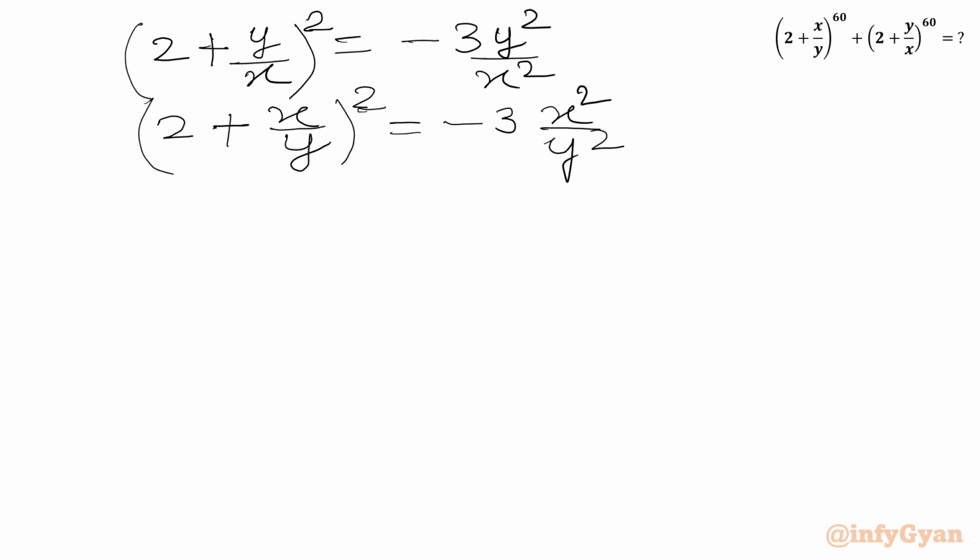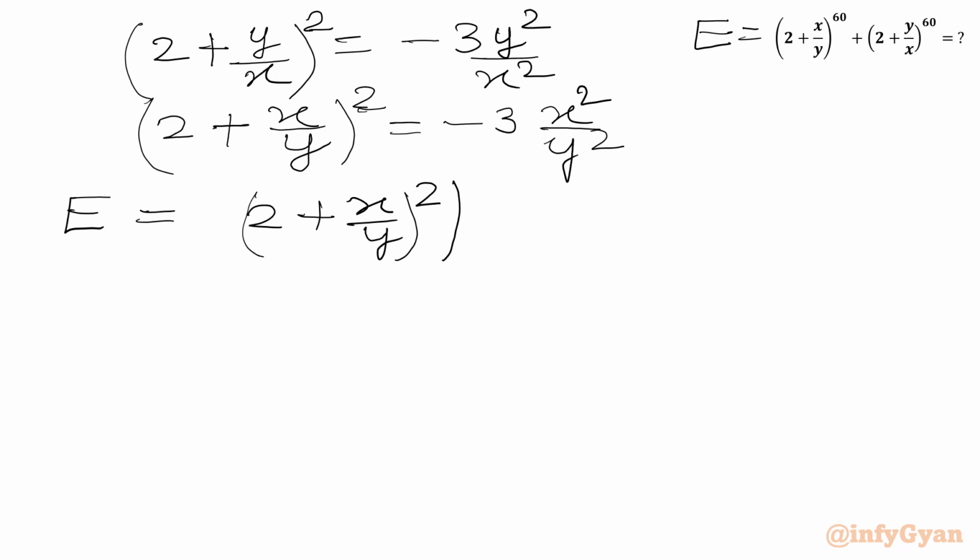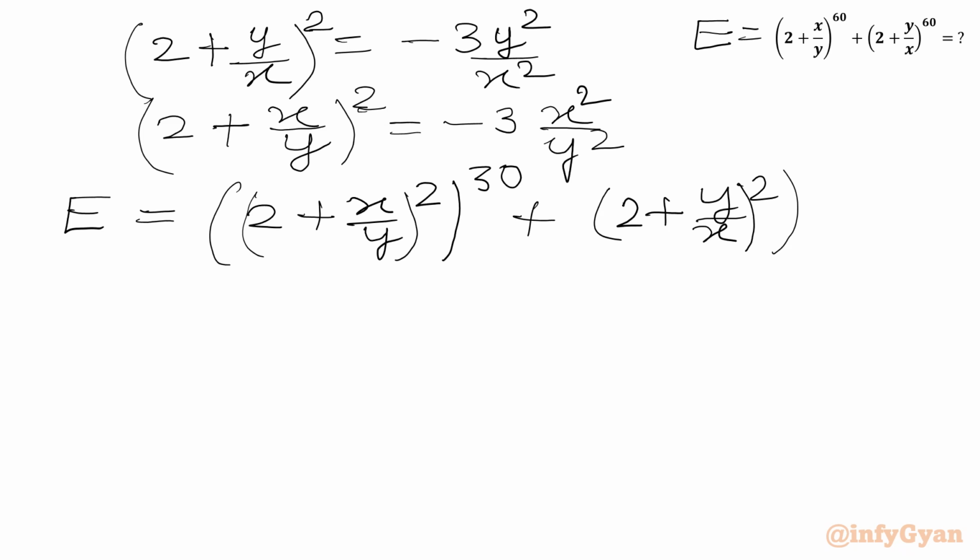Now I will write our expression E. This is our expression E, which we can write as (2 + x/y), I will write 60 as 2 times 30. So we can write in this manner, plus (2 + y/x)^2, and then we will put overall power 30, so that 2 times 30 is 60.